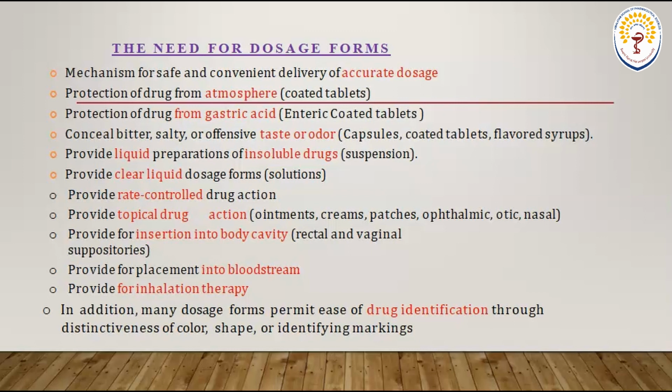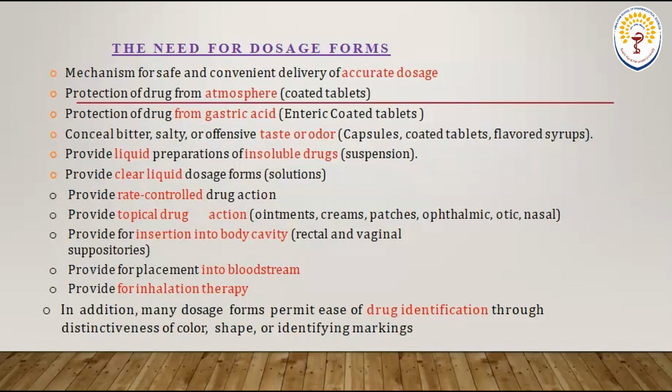Next, to avoid bitter and salty taste or offensive taste or odor. Some medicaments have bitter taste and odor, so these drugs are given in sugar coated tablet form or capsule form to mask the taste and odor and make them acceptable.